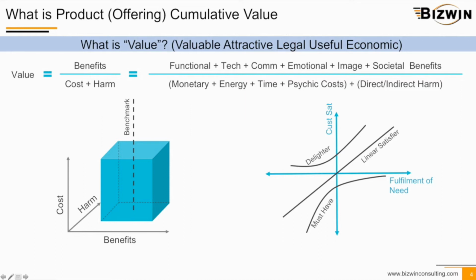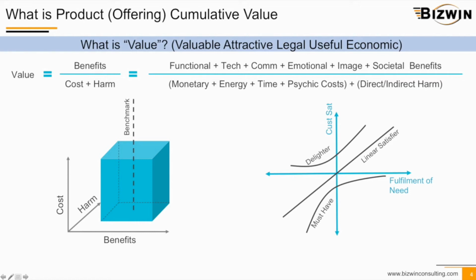Typically, there are products and solutions whose features and functionalities may be linear in relationship, meaning the more you add, the more the customer satisfaction. Then there are certain features and functionalities which are taken for granted by the customer, meaning even if you add them, there is no change in the customer satisfaction. We call them the must-have features and functionalities.